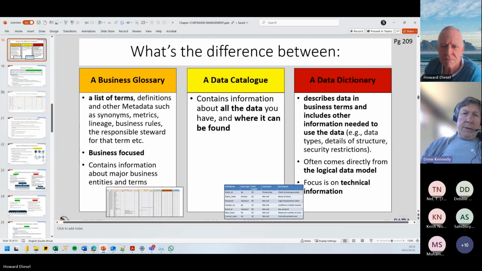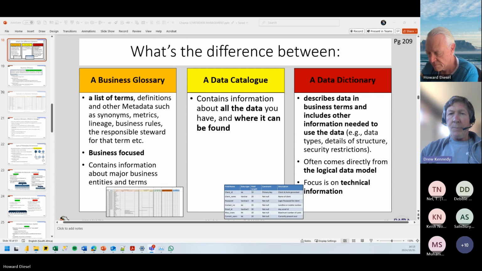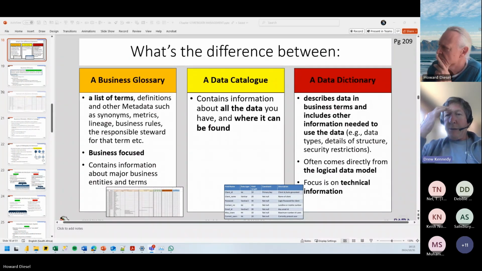So the slide that Howard is sharing is from Veronica's course, and it is basically what is the difference between a business glossary, a data catalog, and a data dictionary. And what I would do is start on the right-hand side with the data dictionary, and that is very much the physical details of databases.